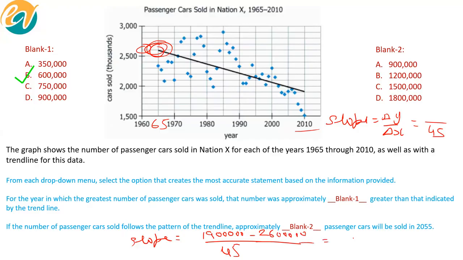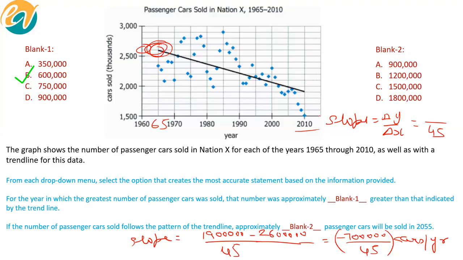So that would be 1,900,000 minus 2,600,000, which is minus 700,000, upon 45. So now minus means what? There is a decrease in the number of cars sold. This is the decrease in the number of cars sold per year. So that's the slope, right?